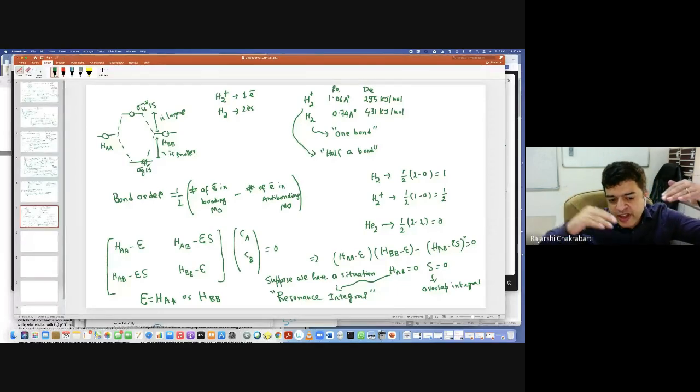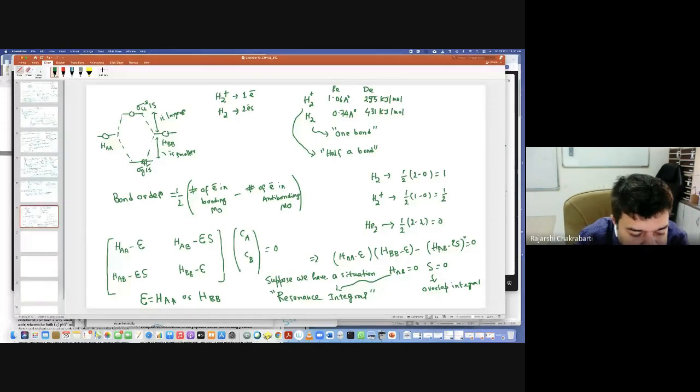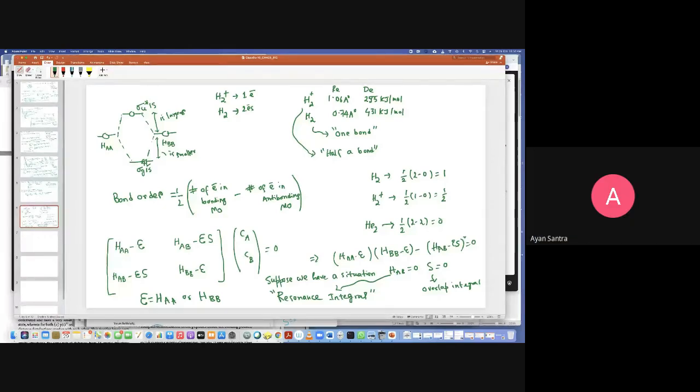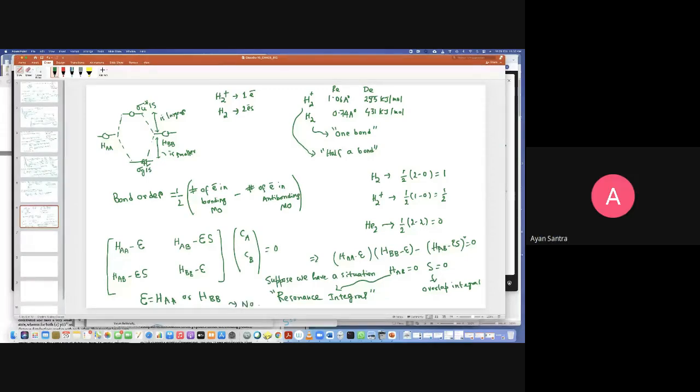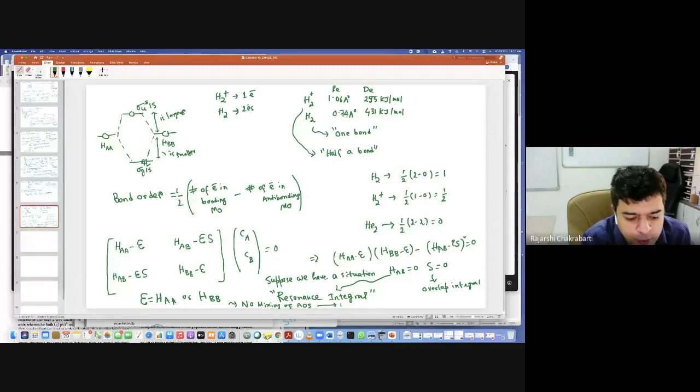If script E is HAA or HBB, what does it mean? Can anyone tell me? The single atom. It basically means no mixing, isn't it? No bond formation.